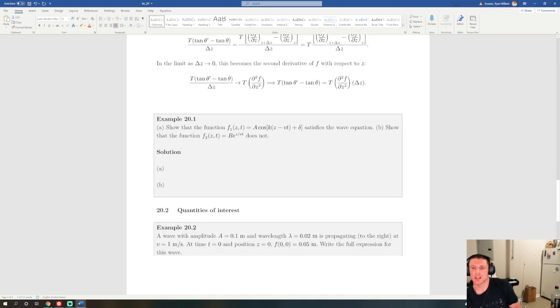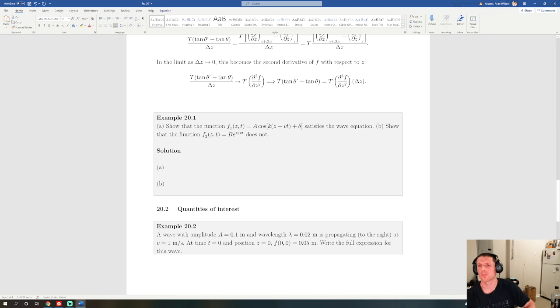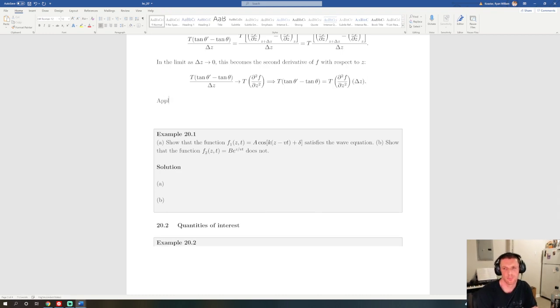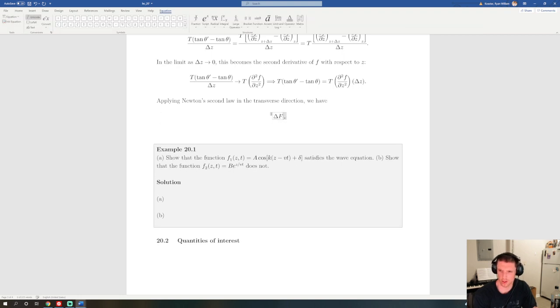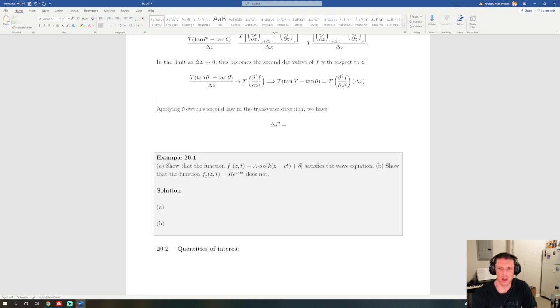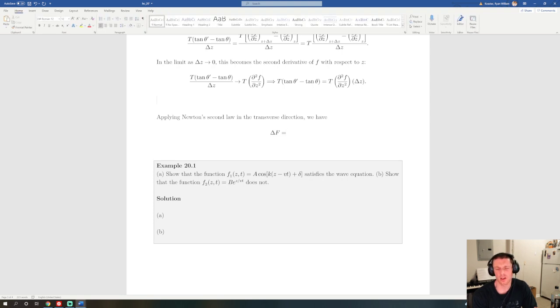Now, let's think about Newton's second law, right? So applying Newton's second law in the transverse direction, we have, and remember we started with delta f, right? Actually, I need to do one more thing here first before we apply Newton's second law. So what we want to do is write the mass in terms of the mass density.